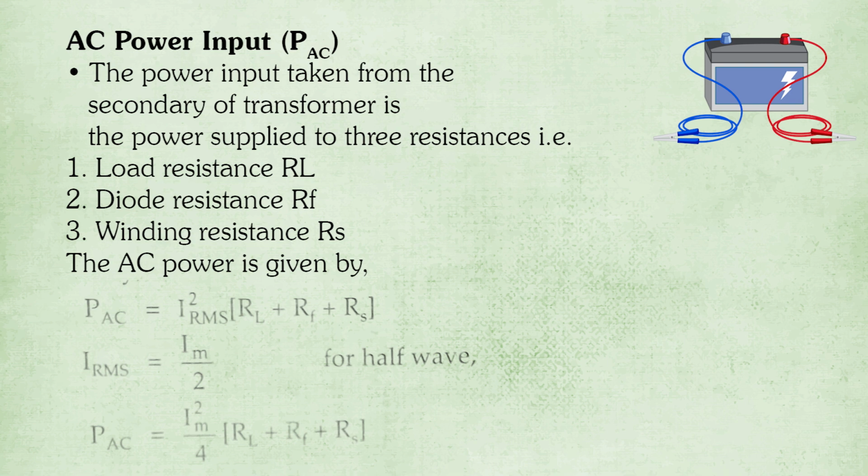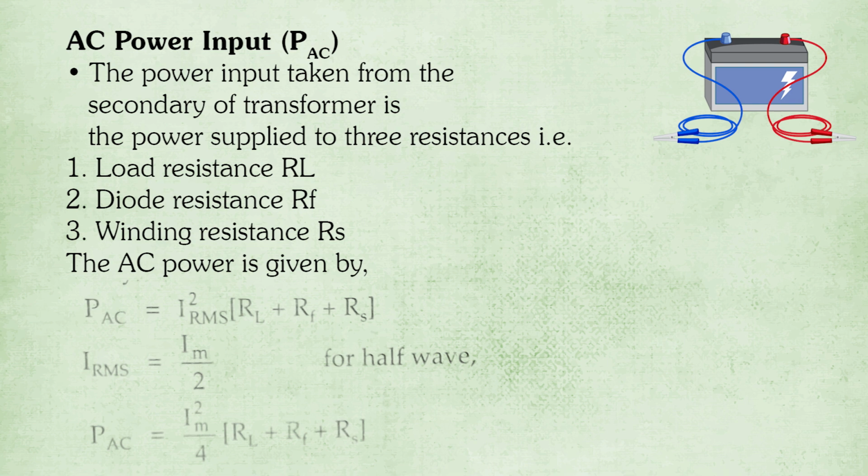In the circuit, the main supply is given to the primary of the transformer, but stepped up or stepped down according to the requirement. The value obtained at the secondary of the transformer will be given to the rectifier circuit, or we can say the rectifying element, which is a diode. That will give us the actual value of the AC power input.